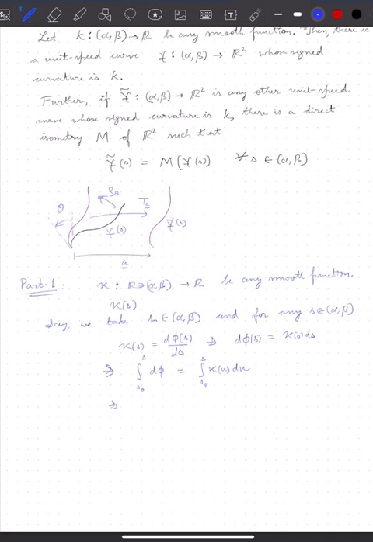And so say that phi of S happens to be 0 at S is equal to S naught, then all that we have is phi of S is equal to the integral from S naught to S of kappa U du.